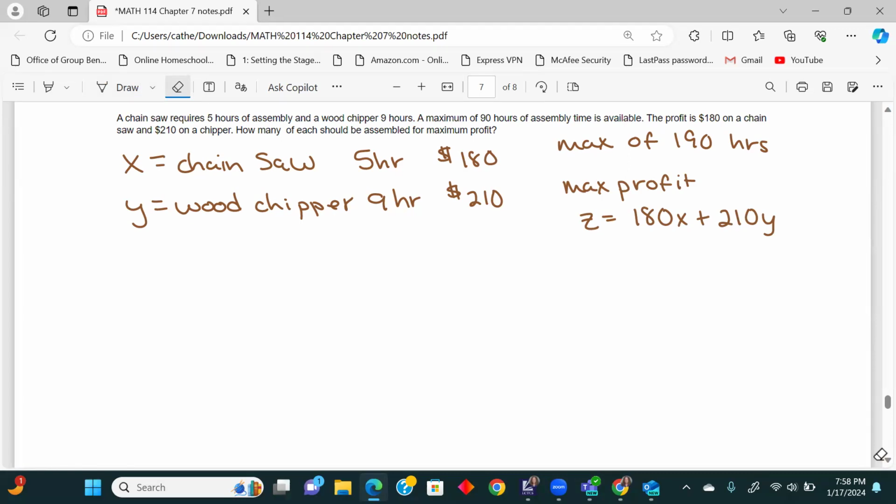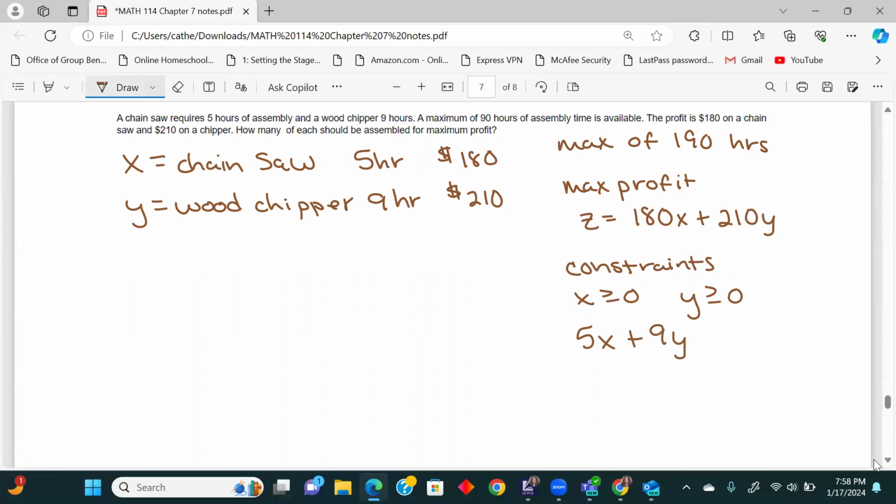All right, so we do have some constraints here. X has to be greater than or equal to 0. How do we have negative chainsaws? And Y has to be greater than or equal to 0. Again, we can't have negative wood chippers. Then the third one we have is 5X plus 9Y. Those are the number of hours.